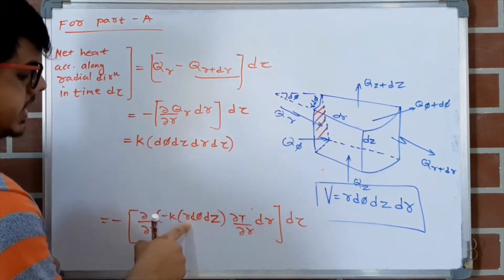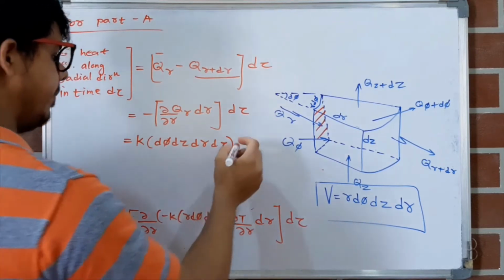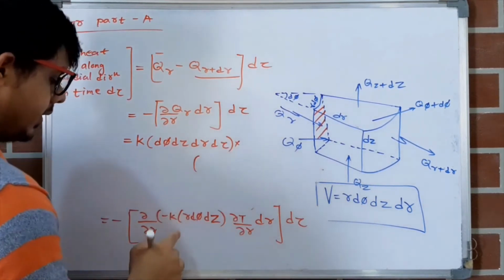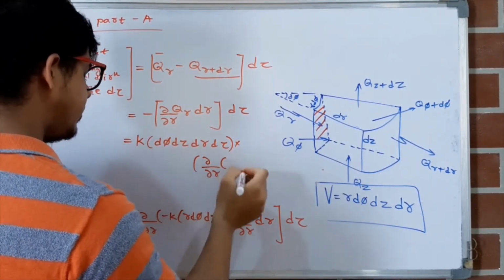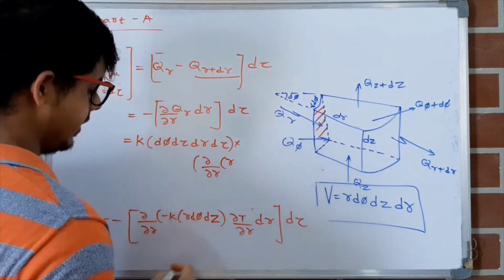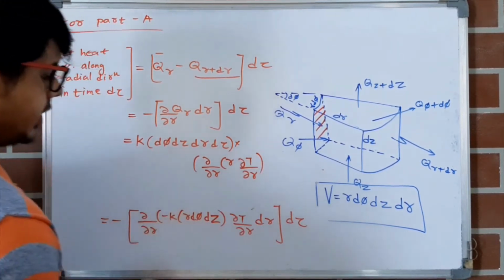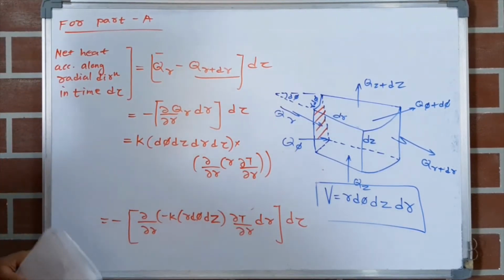We cannot bring out this r, because here it is a derivative with respect to r. So I will write ∂/∂r of r ∂T/∂r. This much term is in the derivative. I hope you understood.